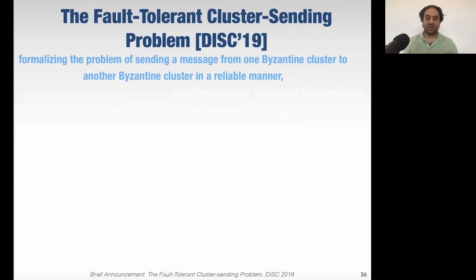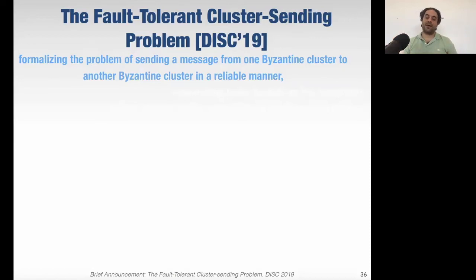The problem we formalize, in work with Yella Hellings, is what we call the fault-tolerant cluster sending problem. This is the problem of sending a message from one cluster to another cluster reliably, where a cluster could be prone to crash failure or even Byzantine failure. So how do you communicate reliably between 2 clusters when there is a possibility of either crash failure or Byzantine failure in each of them?